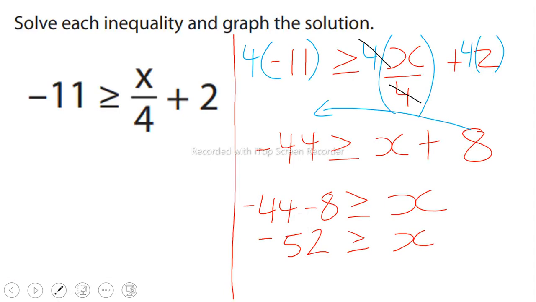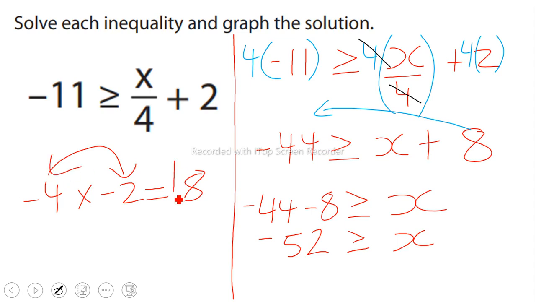So if we say negative 4 times negative 2, that's positive 8. So a negative times a negative is positive. But a negative and a negative, just like that, is still going to give you a negative 12. So be careful.